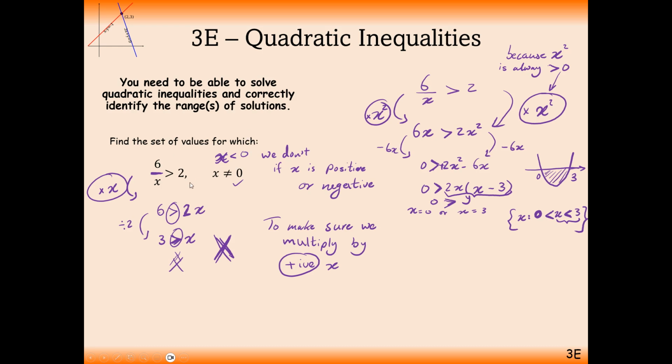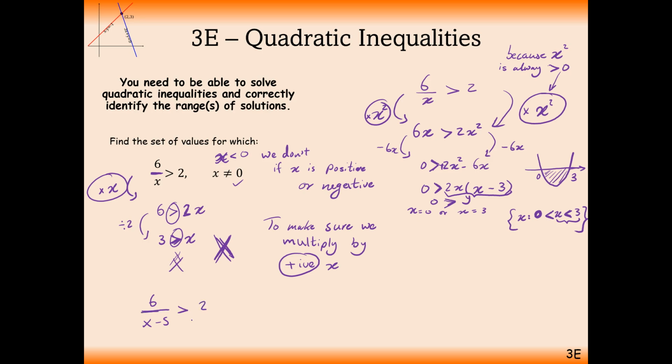Now, this is a simple example actually, because you can guess. Maybe you say, "Oh, I could have guessed it," but there are more complicated examples. For example, you might have had 6 over x minus 5 is bigger than 2.